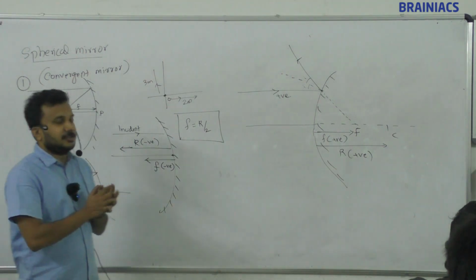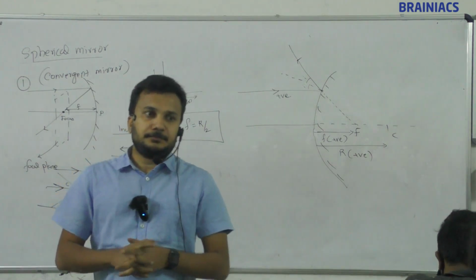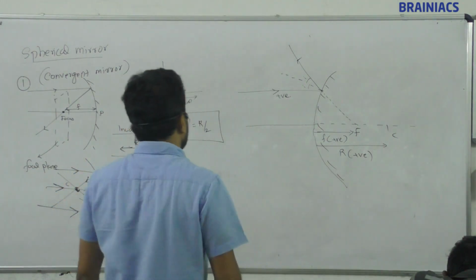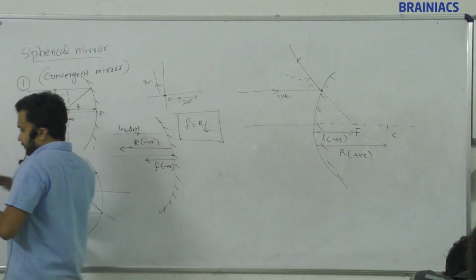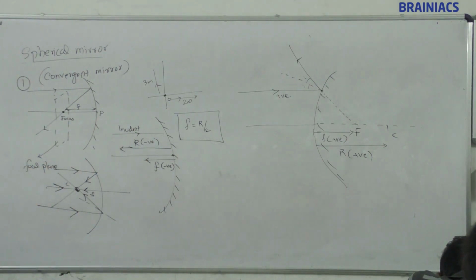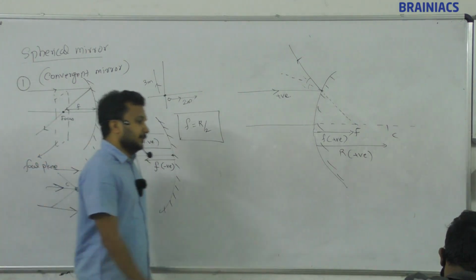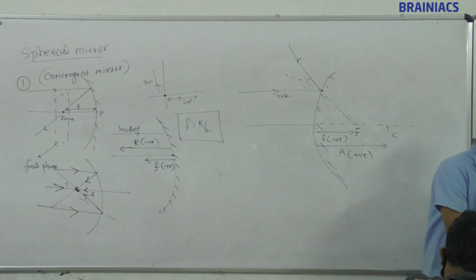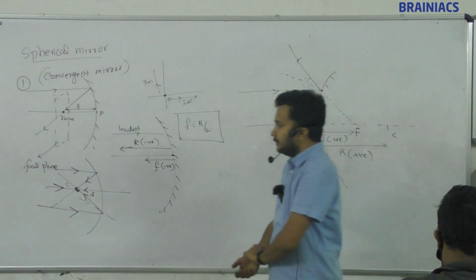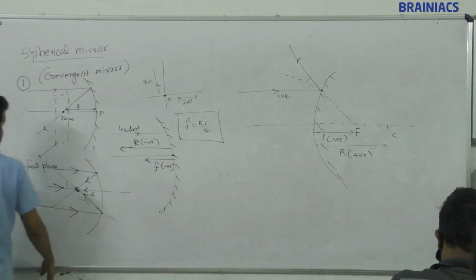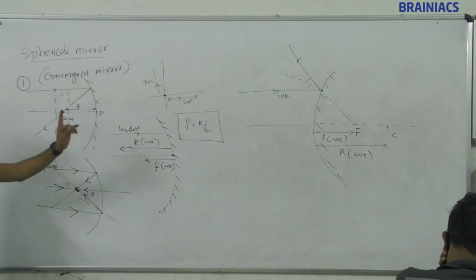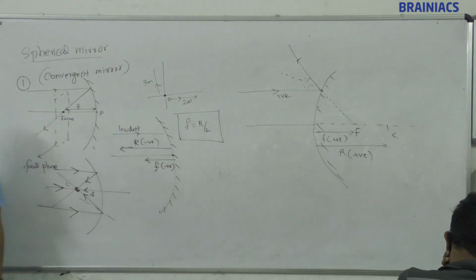Diverge means lines split. Then you can draw the diagram, and F is positive, R is positive.